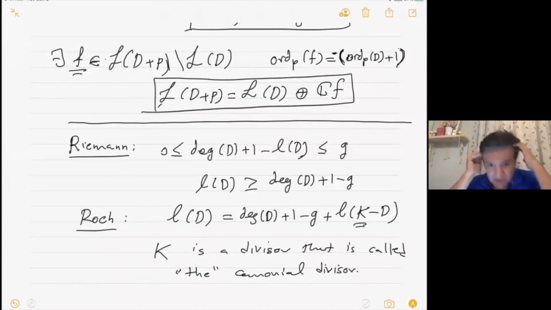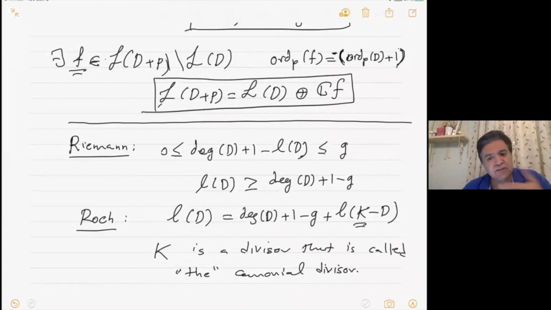The reason that I put it inside quotation marks is that we will see shortly that this divisor is not well defined. We cannot really define the canonical divisor, but we can define a class. All these different definitions are going to be equivalent, these equivalences of divisors I talked about.